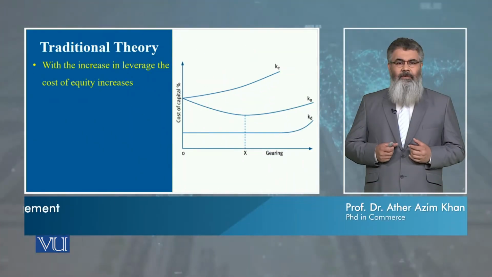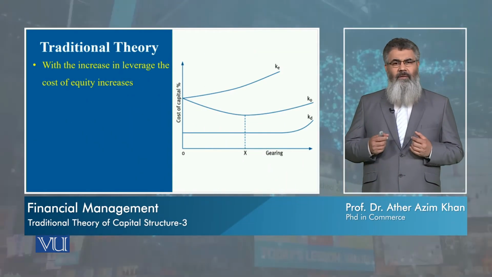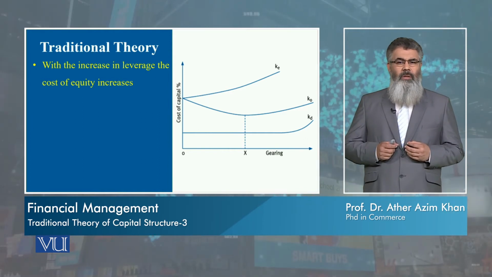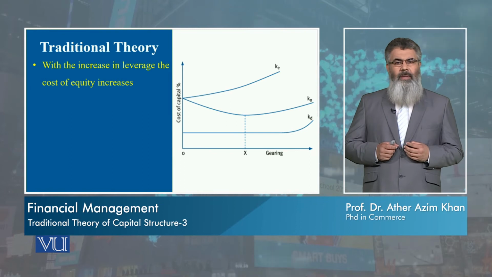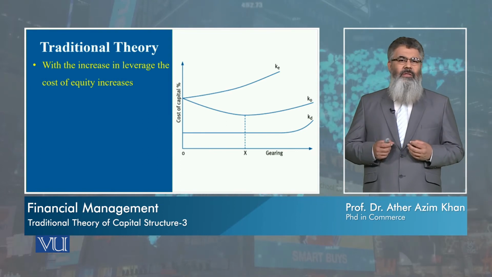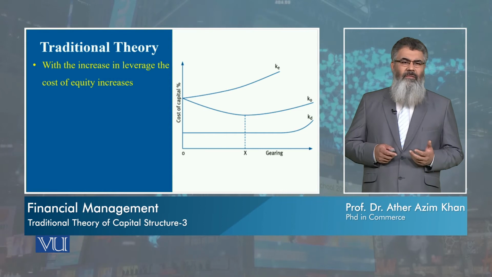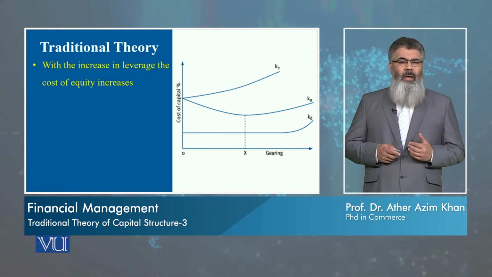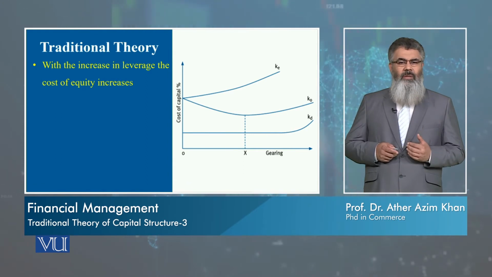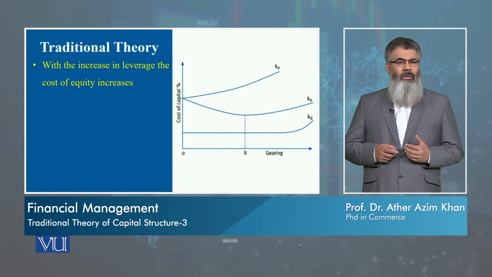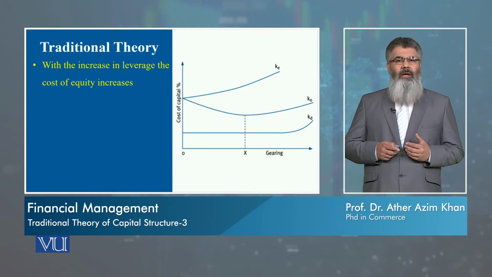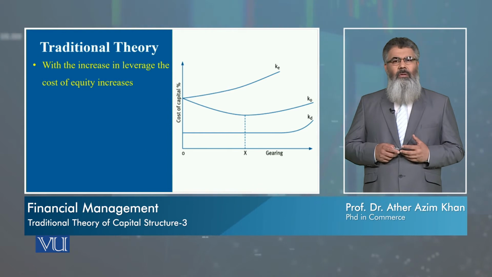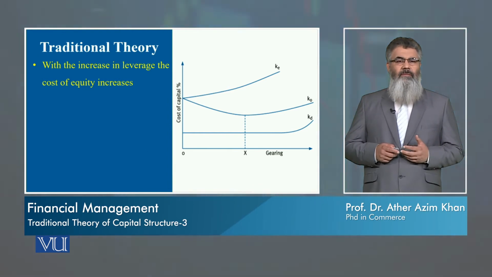We can see in this graph on the screen that the KO, which is the overall cost of capital, and this is the cost which is used to determine the value of a firm. Initially, this graph is going down until it reaches the point X. On the x-axis, we have got leverage or gearing, that is another name for leverage, and on the y-axis, we have got the cost of capital.